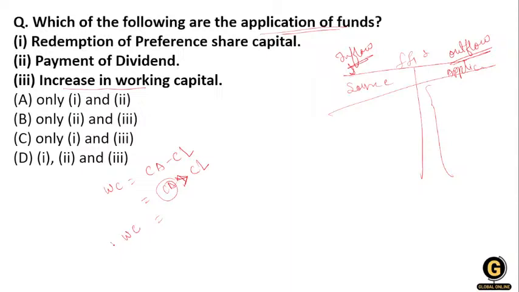If your working capital is increasing, that means either you have purchased some asset or you have increased your debtors, which is why your current assets are greater. If you are increasing your debtors, that means funds are flowing out of your company.